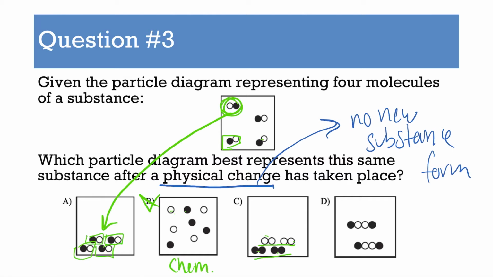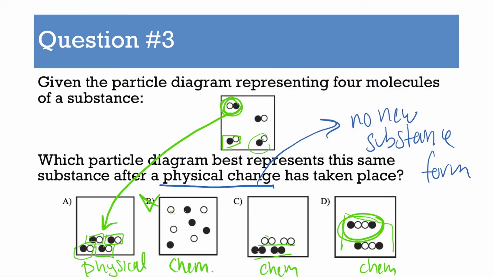That's different from what we started with, so that is a chemical change. And for D, now we only have 2 molecules, and this whole thing is different from what we started with, so that is also a chemical change, leaving choice A to be the only physical change.